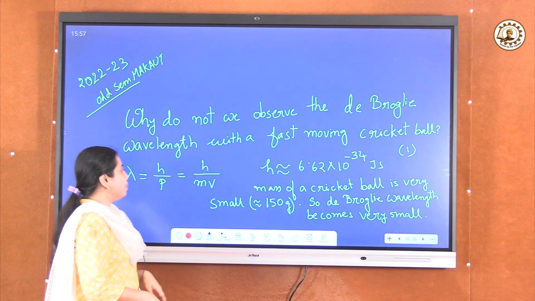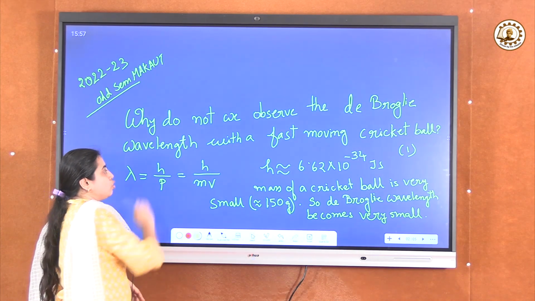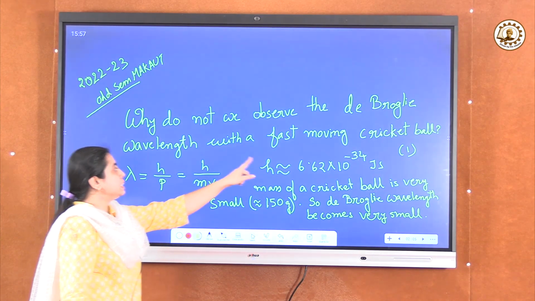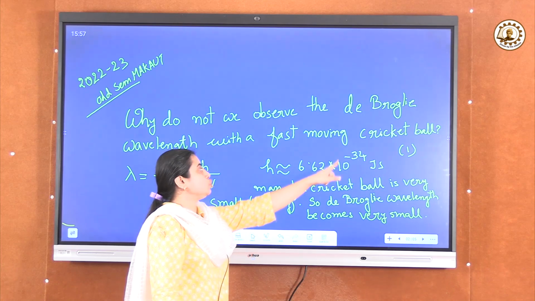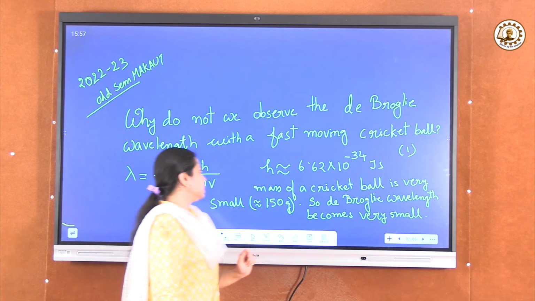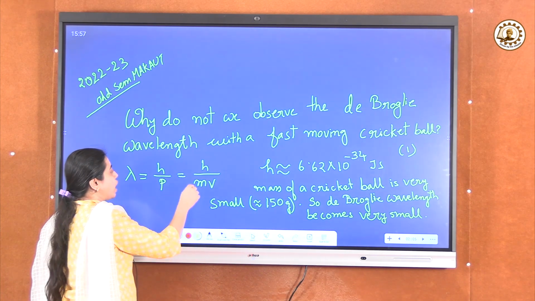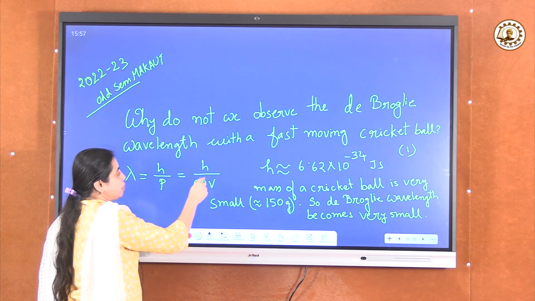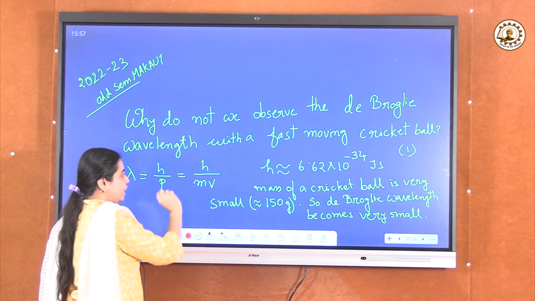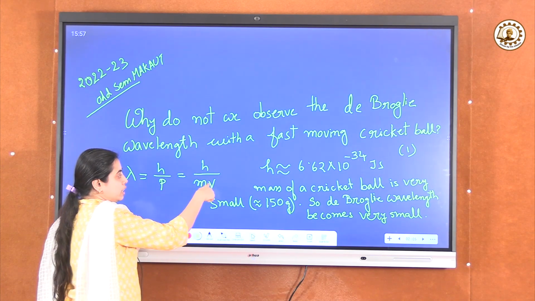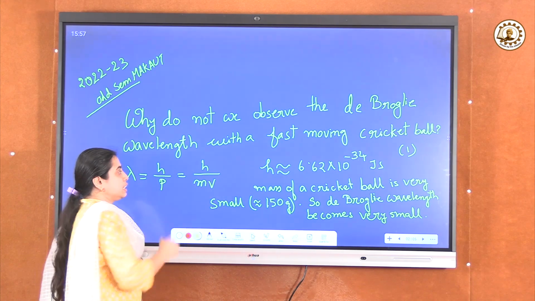And you know the value of Planck's constant is 6.62 into 10 to the power minus 34 joule second.